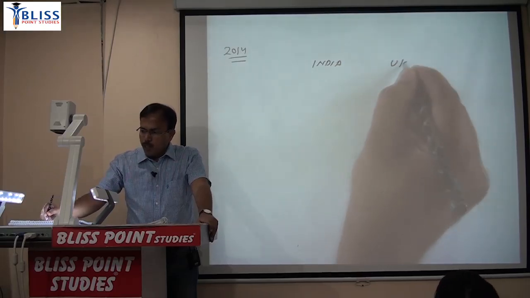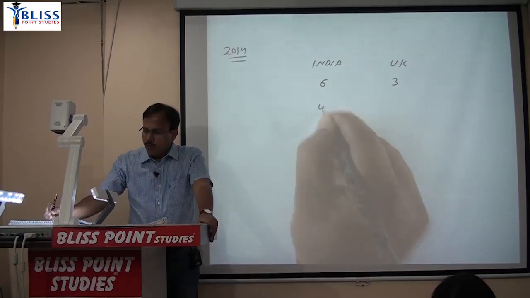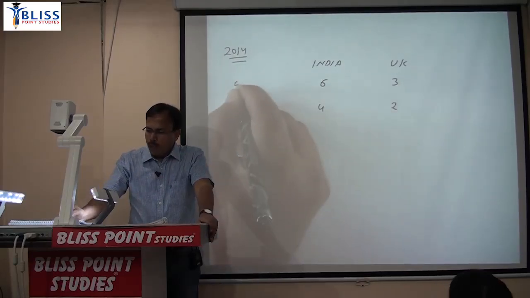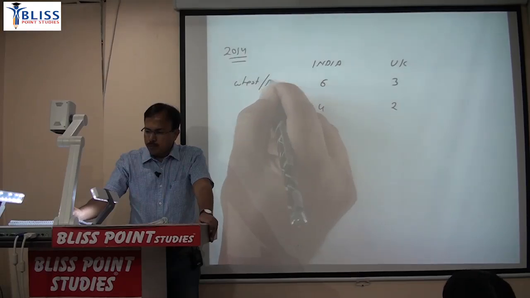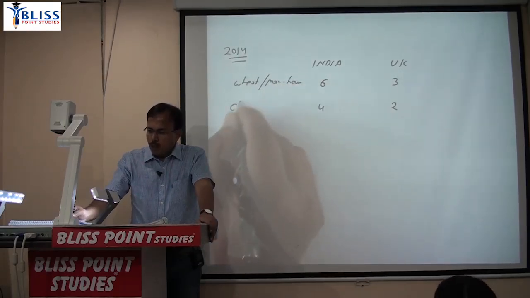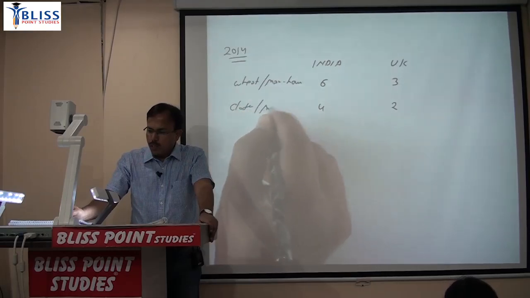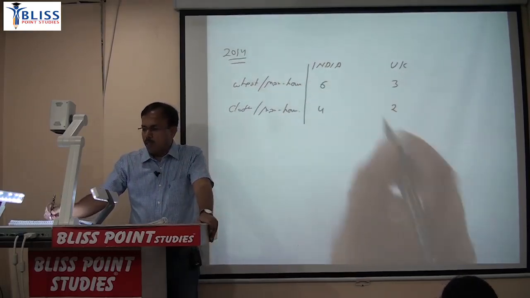India and UK, the values were 6, 3, 4, 2. This is quantity of wheat per man hour, and cloth. This information is given.